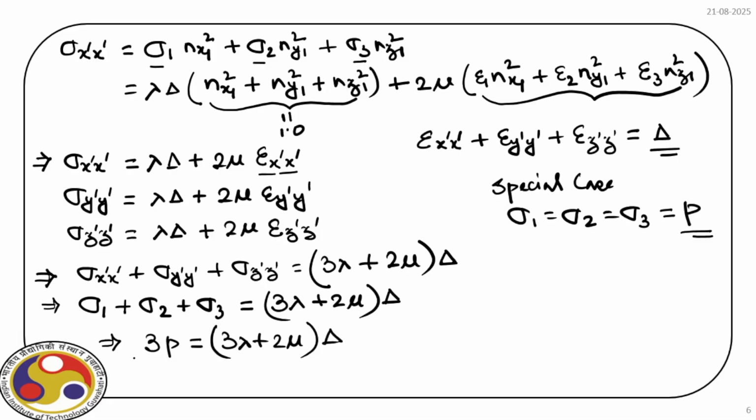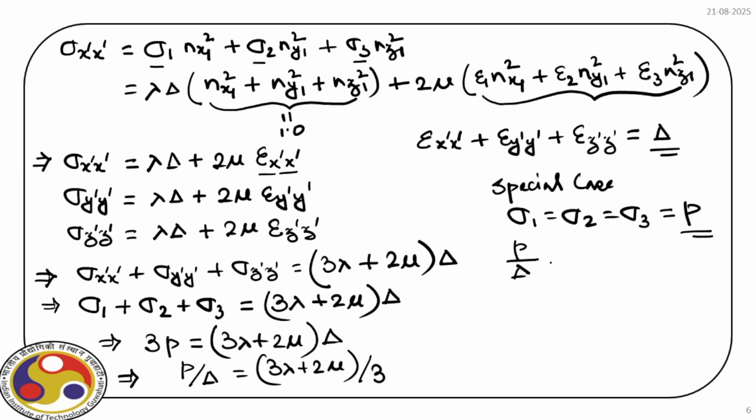Now we can express this in a better way. So P by delta is equal to 3 lambda plus 2 mu divided by 3. So what is P by delta?